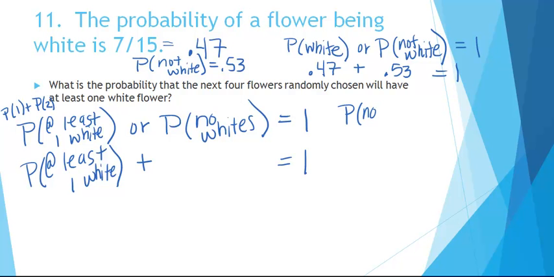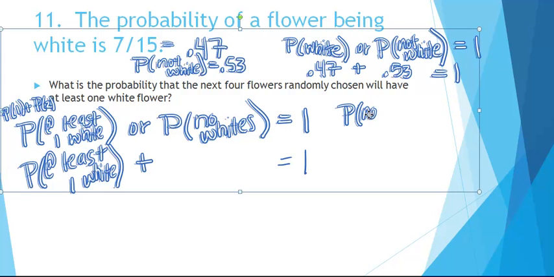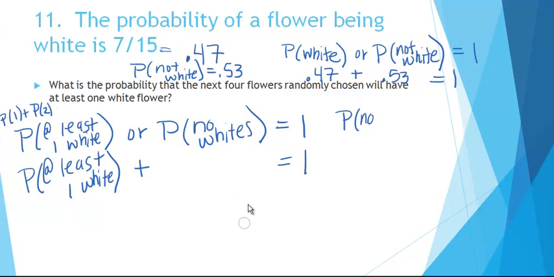So that would be probability of, oh, I didn't mean to do that, sorry. Let me just leave it like that. Equals the first one, the probability of it not being white would be 0.53.